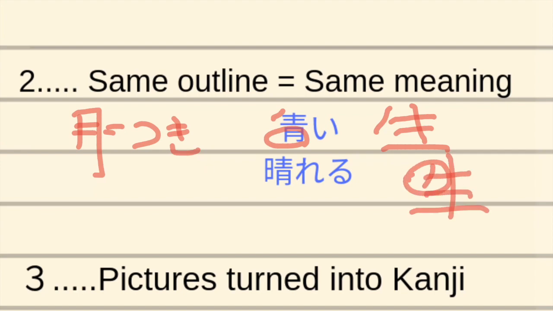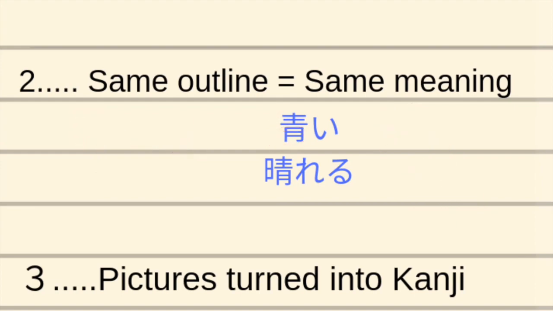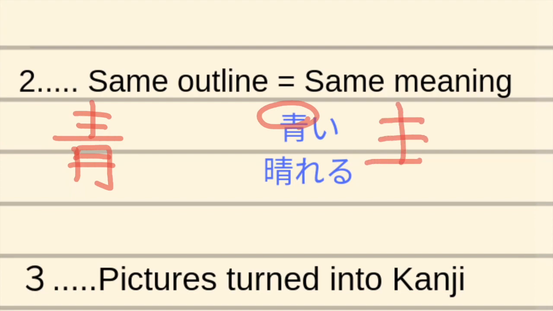But let us consider something that is born out of the moon and that is colored blue. So this is how we can remember the kanji for the color blue. But remember, this is not the kanji for something to be born. The kanji which means something is born is this. It is just for our memory that we try to remember it in this way.